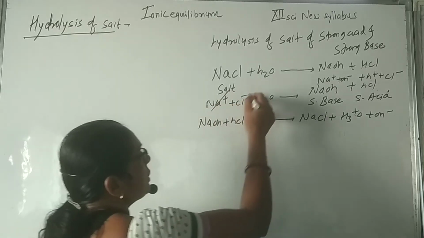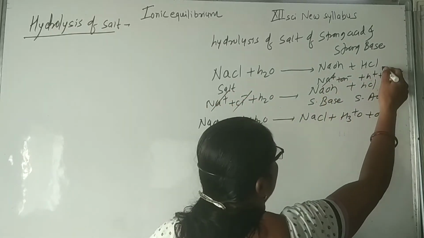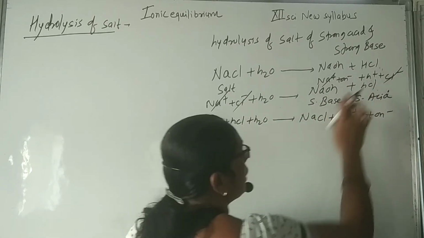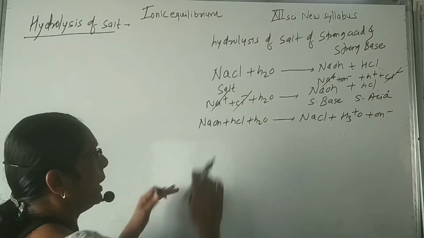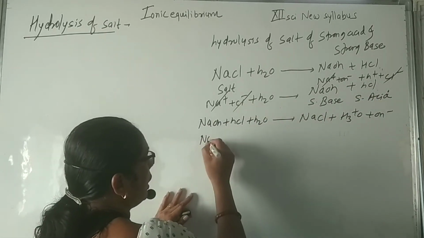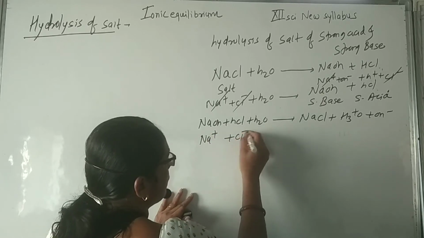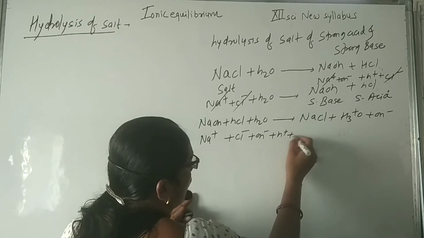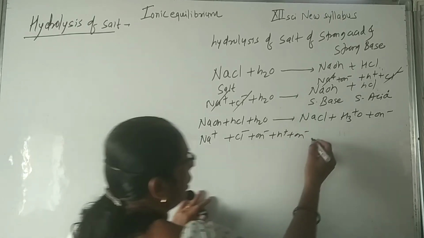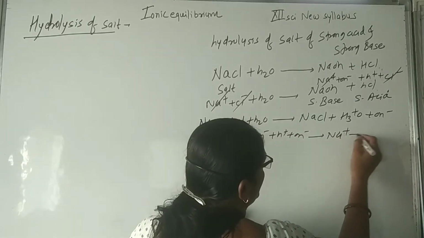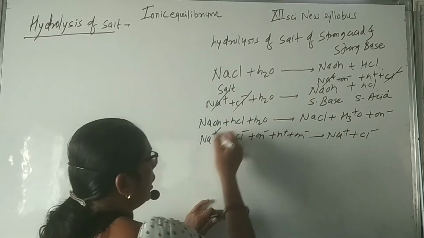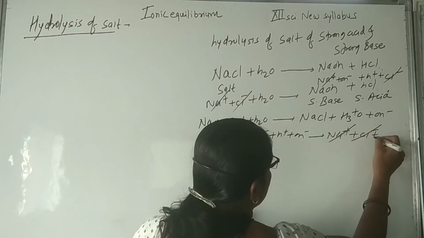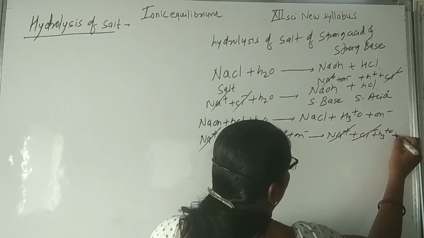This Na plus and Cl minus ion cancel with each other, and what remains is only water in contact with these ions. When the acid and base react with water, it gives Na plus and Cl minus ions, and again the Na plus and Cl minus are cancelled, leaving the hydronium ion and OH ion.